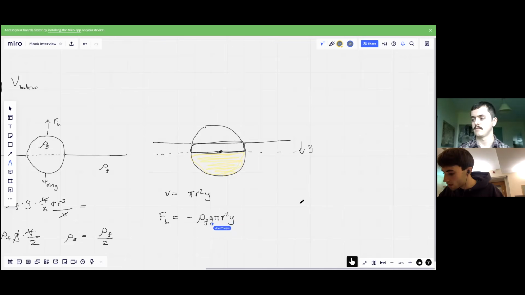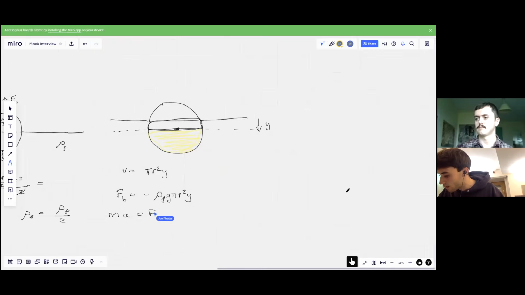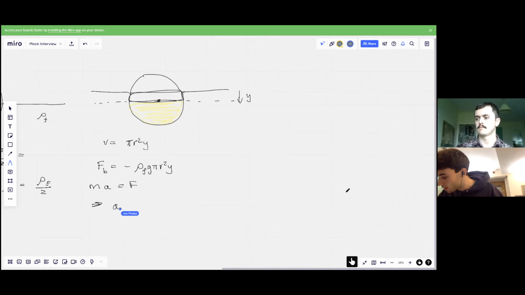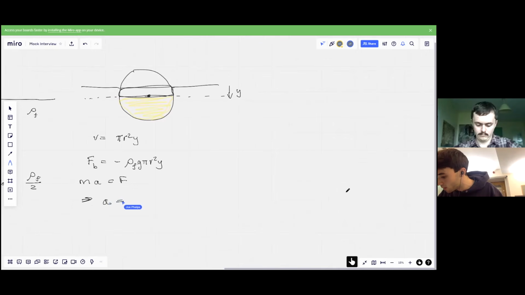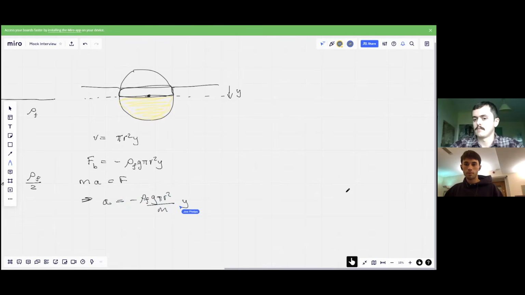because the force is just the mass times the acceleration. So we can say that the acceleration is equal to minus rho f g pi r squared over m times y. And that's the condition that we need for simple harmonic motion. Yeah, nice.